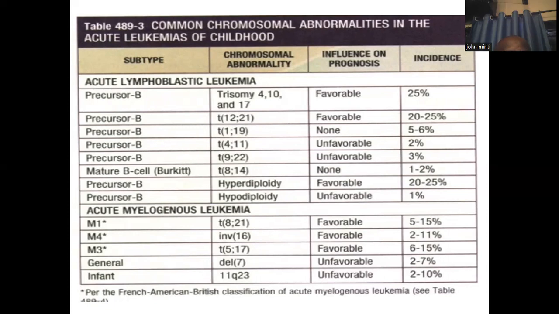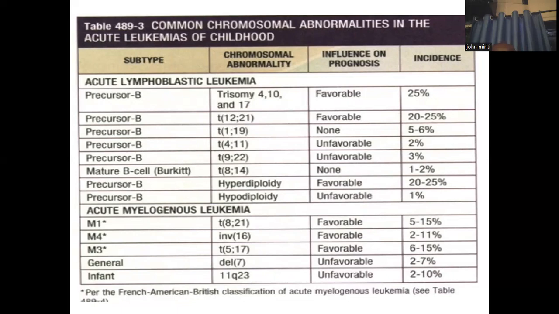You see precursor B acute lymphoblastic leukemia, precursor B, precursor T, t(12;21), and all those. The most common favorable one is precursor B with trisomy abnormalities of 4, 10, and 17, which are most favorable with 25% incidence, followed by precursor B with t(12;21), favorable in 20 to 25%.